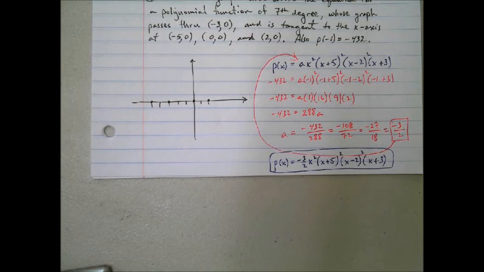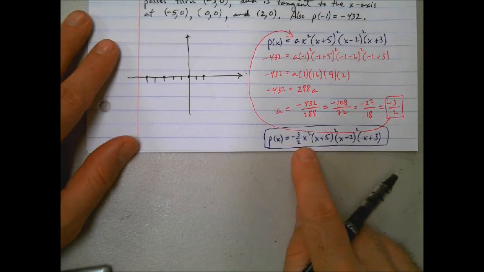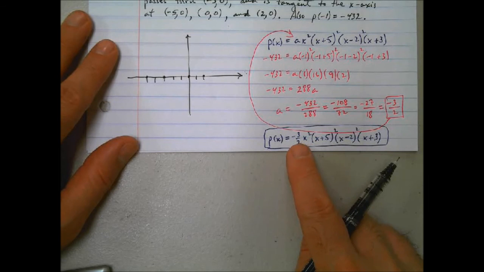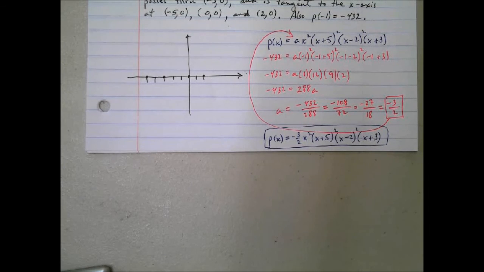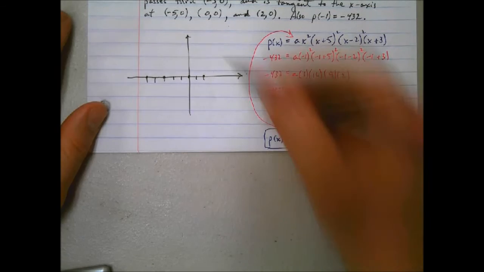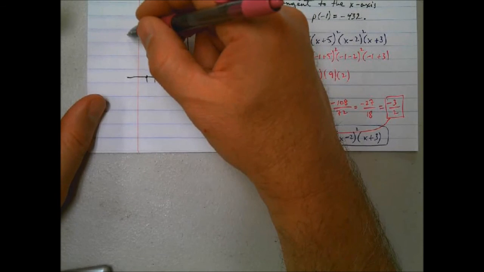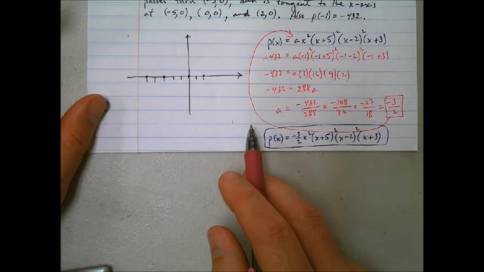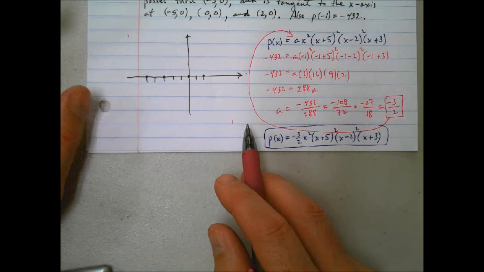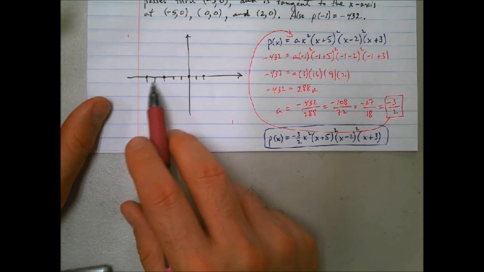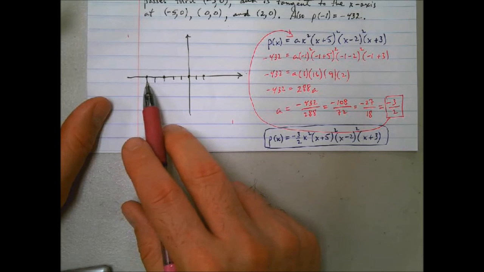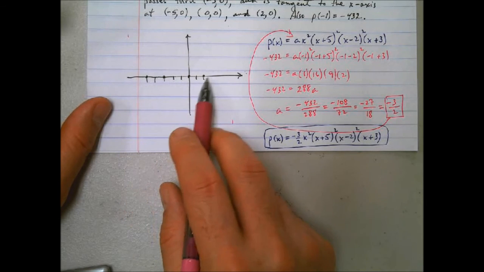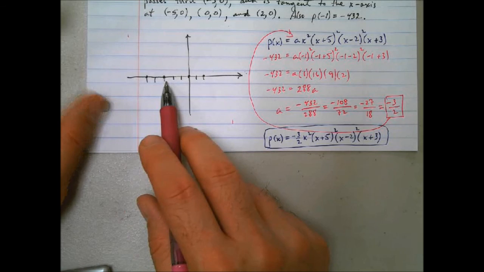Okay, so we've got 7th degree, leading coefficient's negative, so it should be coming from up high and going to down low on the right-hand side. It's bouncing at -5, it's bouncing at 0, it's bouncing at 2, it goes through at -3.